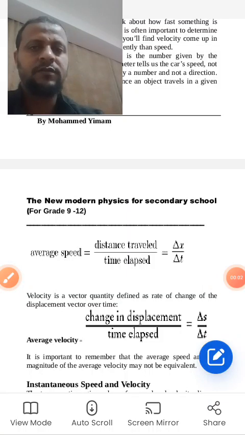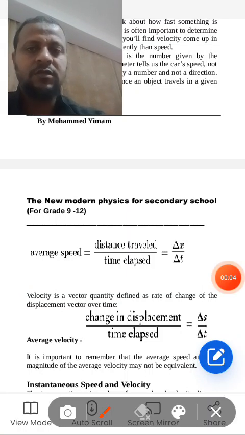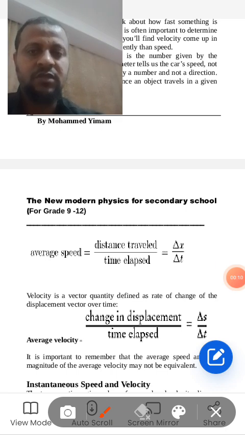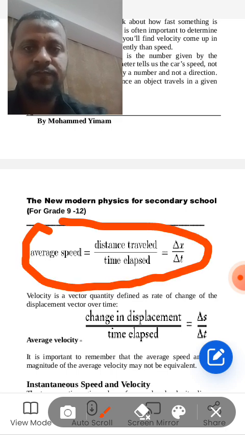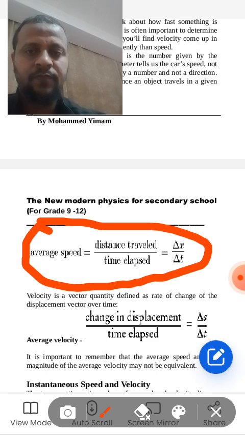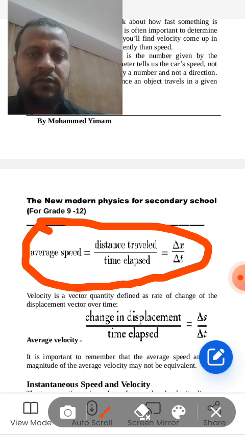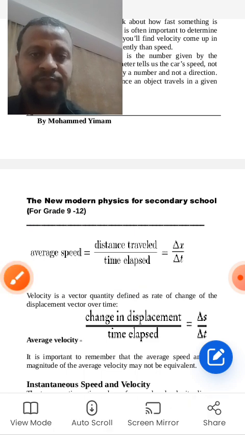Good afternoon again. Average speed is equal to distance traveled per time elapsed, change in x over change in t. Average velocity, change in displacement over time elapsed, is equal to change in s over change in t.